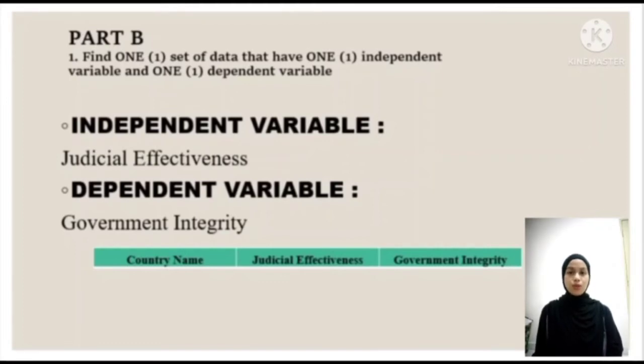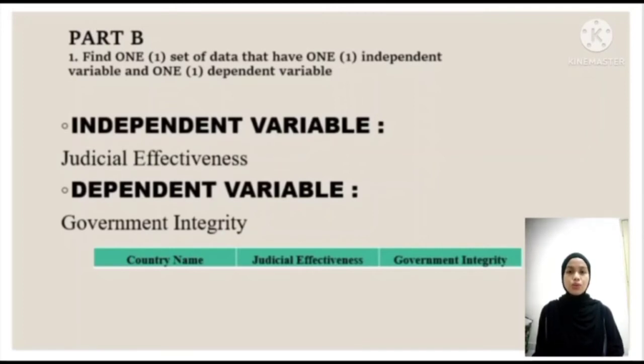Now I will continue to present part B, which is question number 1 and question number 2. In question number 1, we have to find one set of data that has one independent variable and one dependent variable. So we choose one set of data from the Economic Freedom Index website.